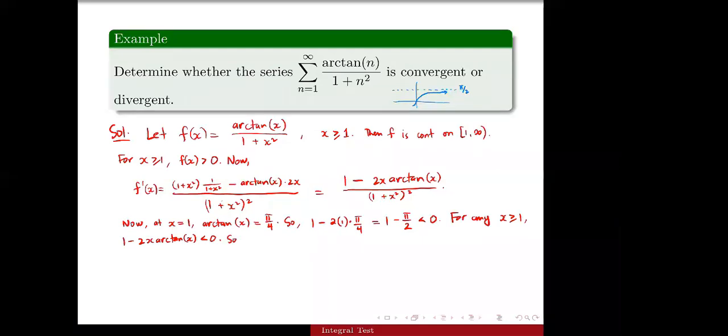So f of x is decreasing on the interval 1 up to plus infinity. Okay? Questions?